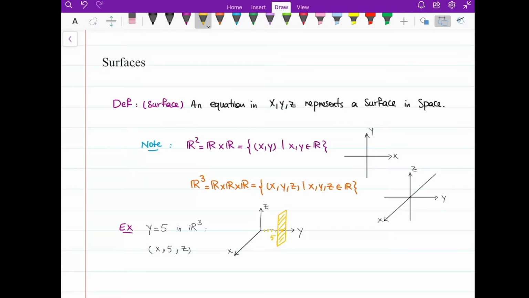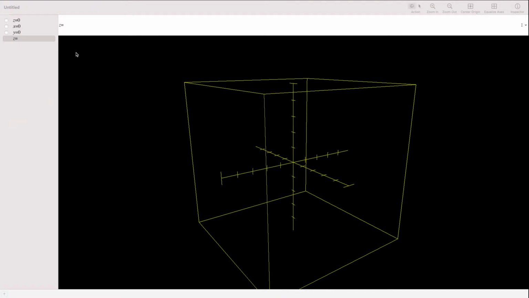So this would be like the xz plane, but 5 units to the right. Let me graph the shape for you.